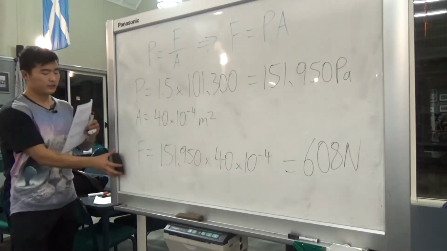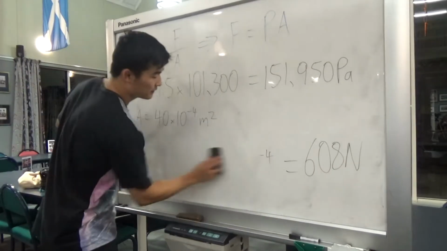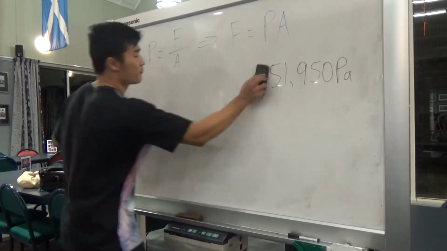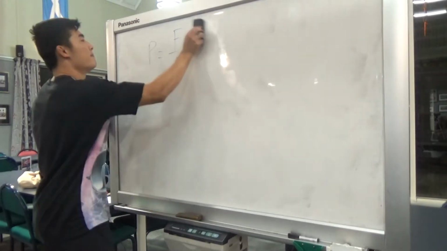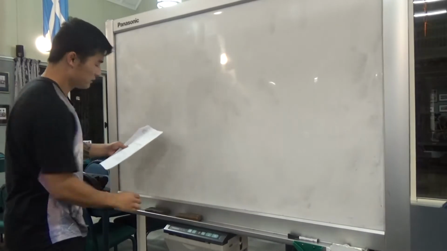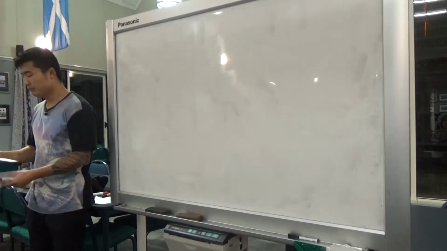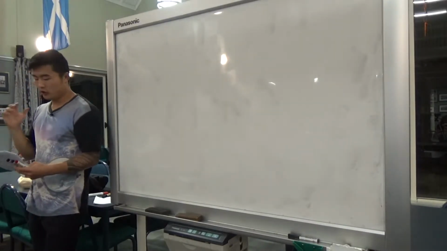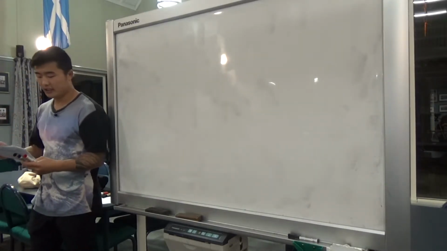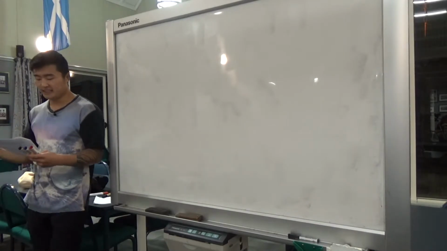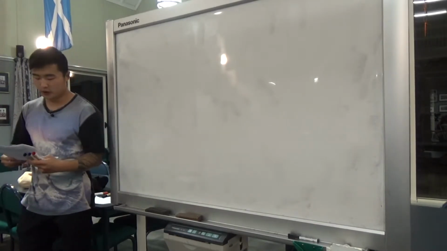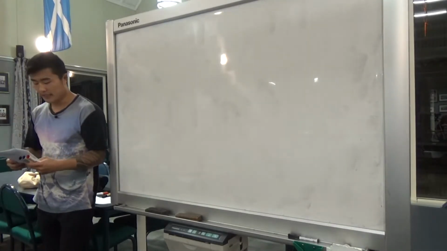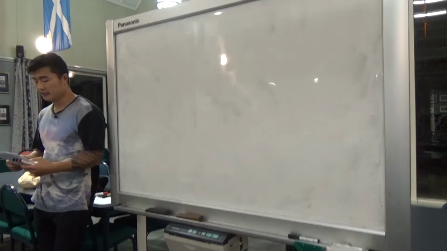All right. So number 8. A sphere has a volume of 1 meter cubed and an unknown density. When it's floating on the surface of a bath of water, it displaces 0.5 meter cubed of that water. What is the density of the sphere? And we've been given the density of the water.